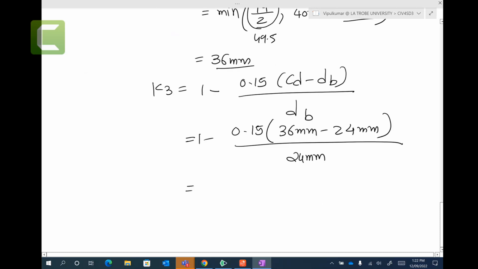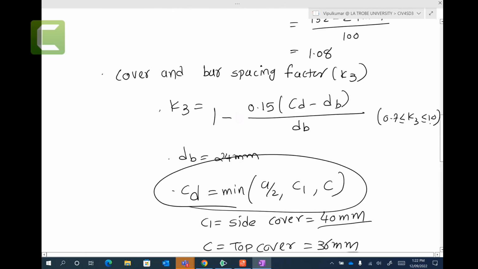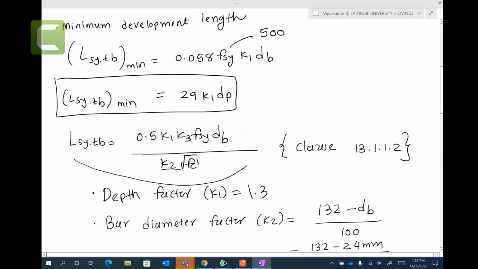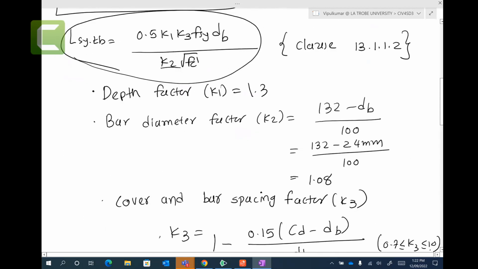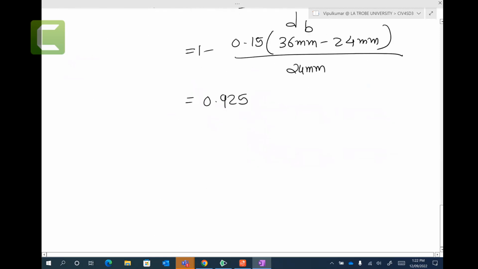We got 0.925. So I think we got everything to calculate this development length, basic development length.